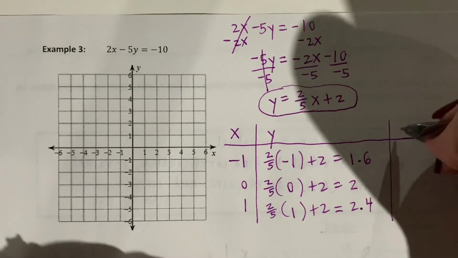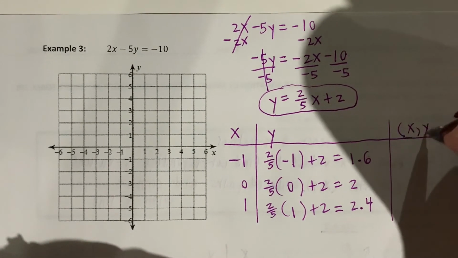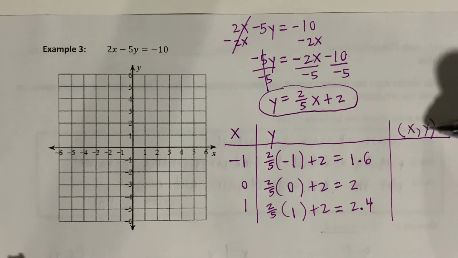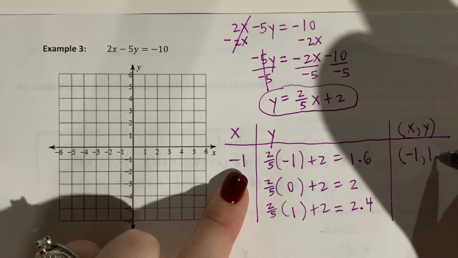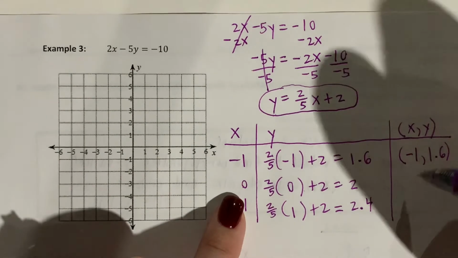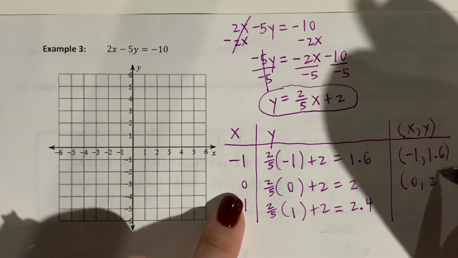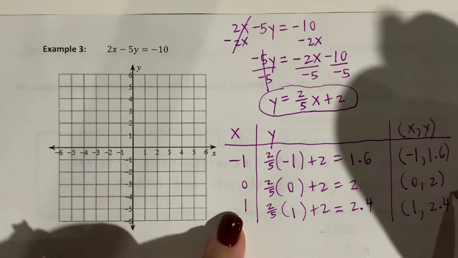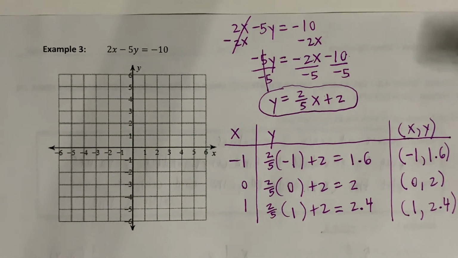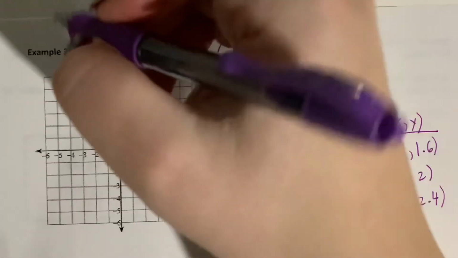And then my last column in my table, I like to write these as ordered pairs, x comma y. So my first ordered pair, -1 comma 1.6, 0 comma 2, and lastly 1 comma 2.4. So here are the 3 points I need to graph. So when x is -1, y is 1.6.